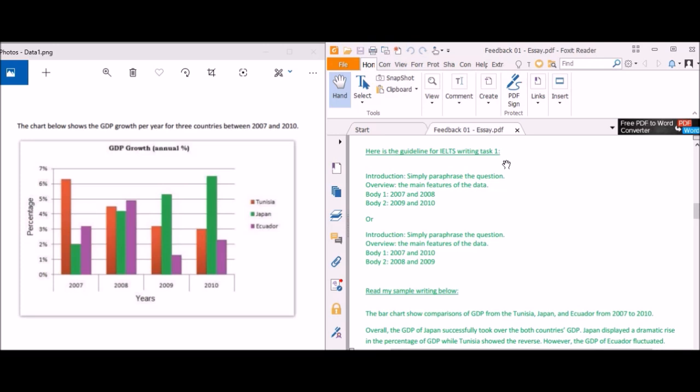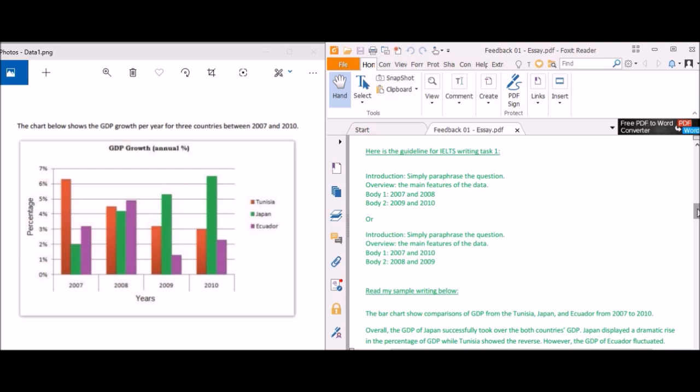Oh yeah, I'm sorry. IELTS actually has two tasks to finish in writing. The data report is the first task, and the second one is a little bit like an opinion. So today we discuss the data report.